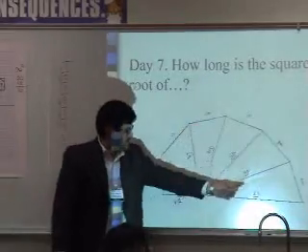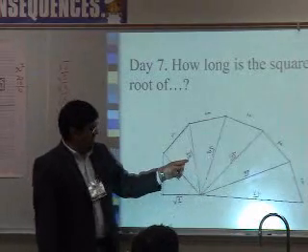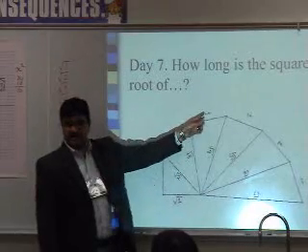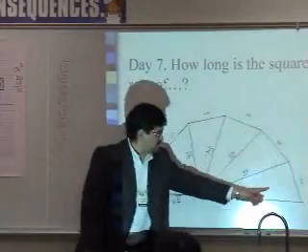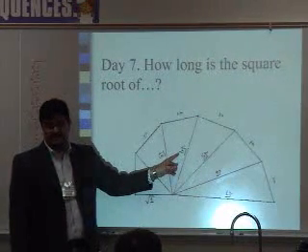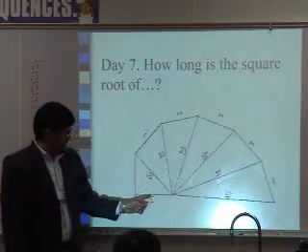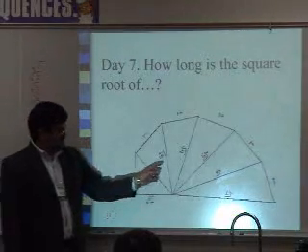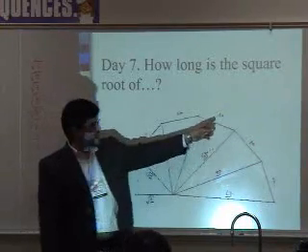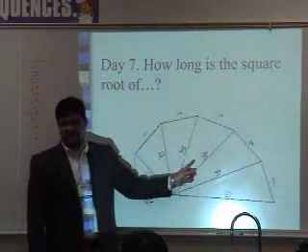So this is 3, and this is the square root of 3. This squared is 3. This squared is 1. 3 plus 1 is 4. So this area over here is 4, and this is the square root of 4, which is 2. So this length right here is twice as much as this one. The square root of 4 squared is 4, plus 1 is 5. So this square over here is 5, and the square root of this is the square root of 5.